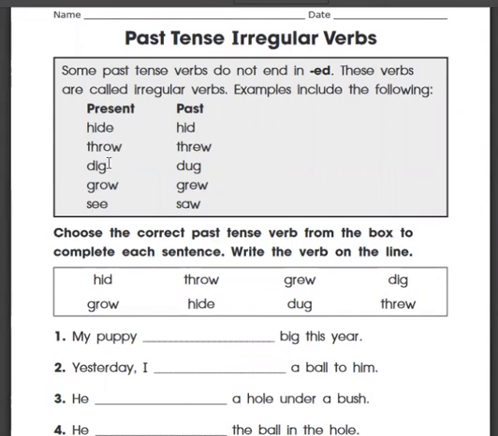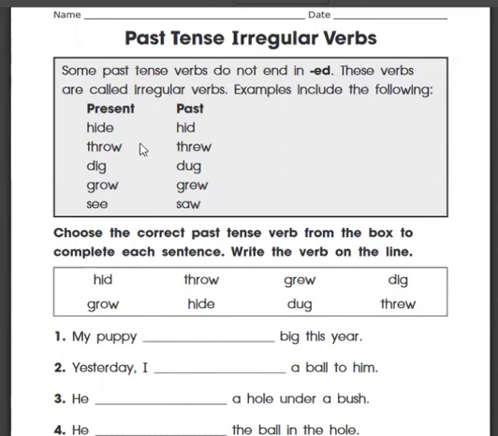In the present, I throw, but yesterday, I threw. The present would be I dig, but yesterday, I dug. In the present, I grow. Yesterday, I grew. And finally, in the present, I see, but yesterday I saw.